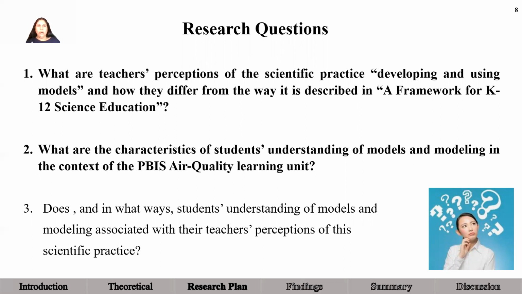Research question 2: What are the characteristics of students' understanding of models and modeling in the context of the PBIS Air Quality Learning Unit? Research question 3: Does, and in what ways, students' understanding of models and modeling associate with their teachers' perceptions of this scientific practice?